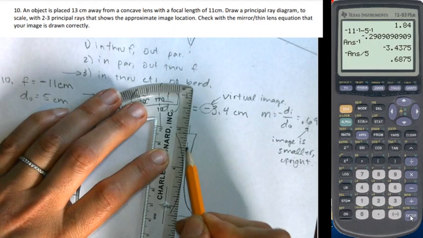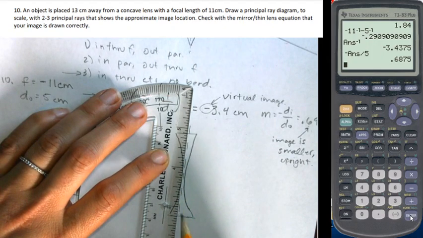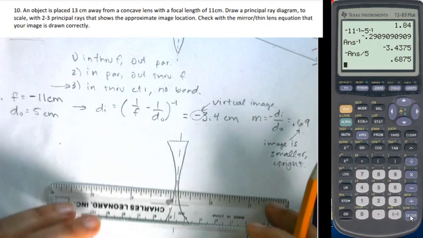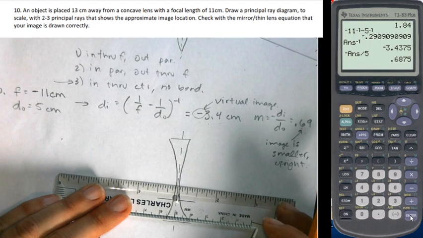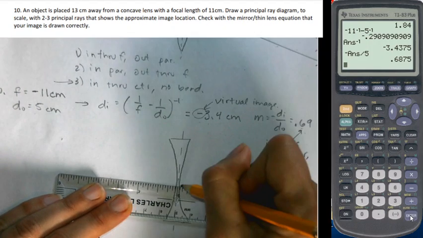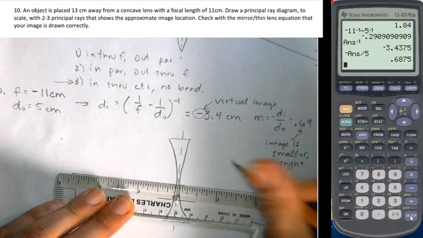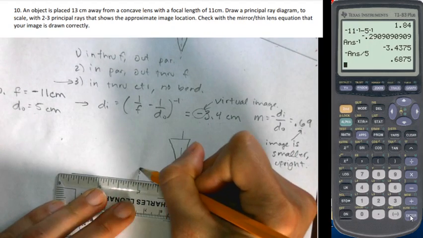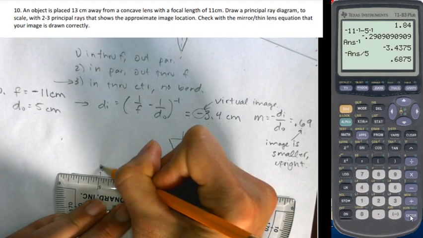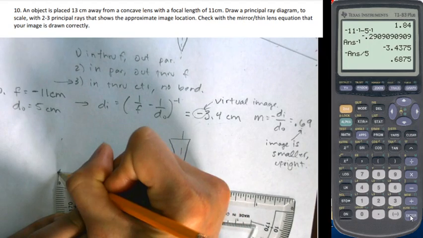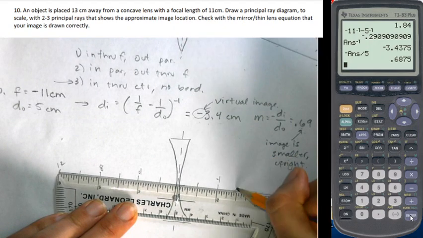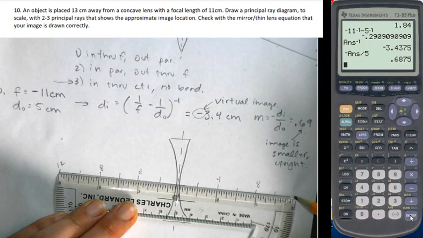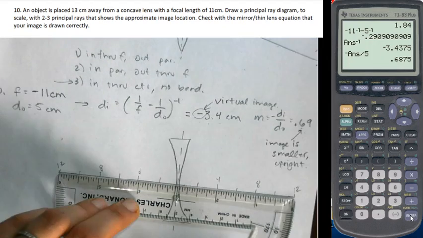So I'll draw my center of my lens and go like that. Now we'll go 2, 4, 6 centimeters, 8 centimeters, 10 centimeters, and 12 centimeters.